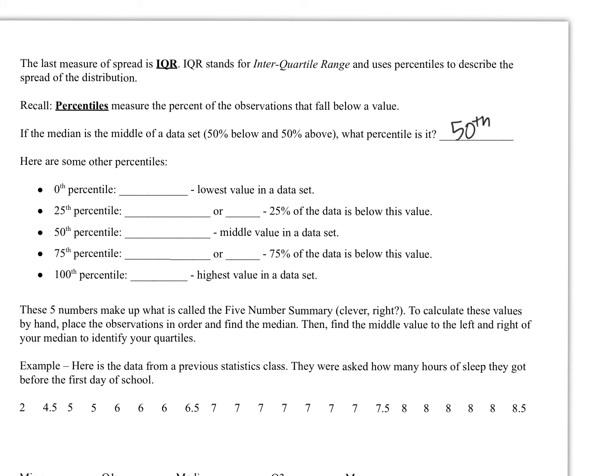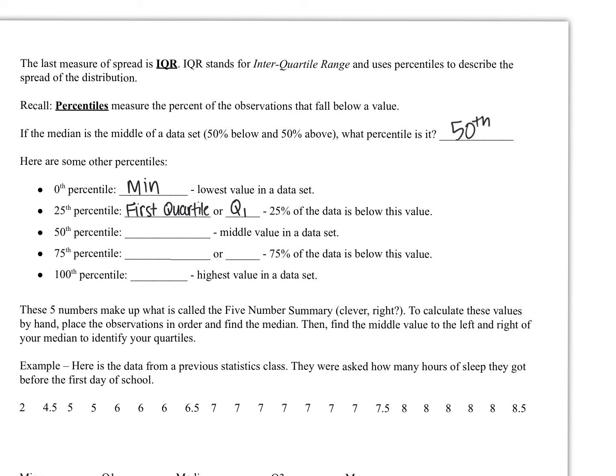So other percentiles: the 0th percentile, which we typically don't use that term, we refer to it as the min. It's the lowest value in your data set. The 25th percentile is known as the first quartile, which we just abbreviate using Q sub 1.